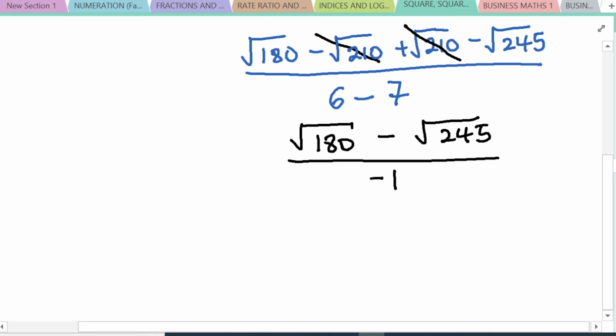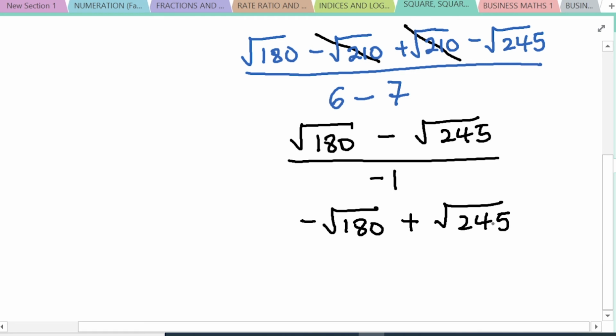Dividing through by negative 1 makes the numerator root of 180 become negative root of 180, then negative 1 divided into negative root 245 becomes plus root of 245.